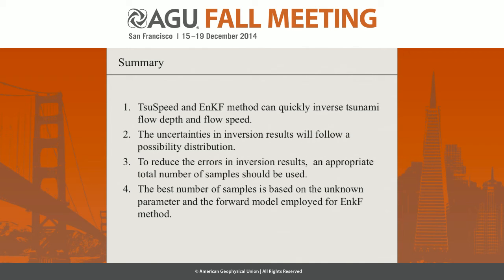In order to reduce the uncertainty of the final inversion model result, we should figure out the best total number of samples. The best number of samples is based on the type of unknown parameter you invert and the forward model you employed in the EnKF method.